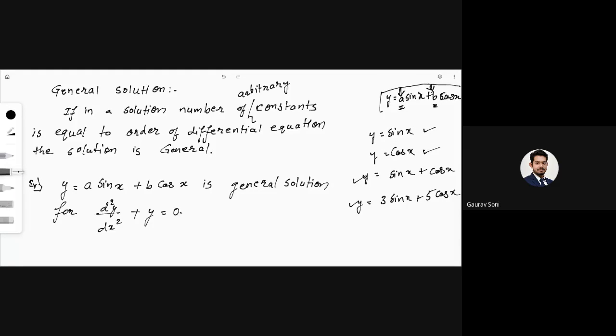So I can see that the order of this differential equation is 2, and in this y I can see that a and b, there are two arbitrary constants. So this solution is general. This is the basic definition of general solution.